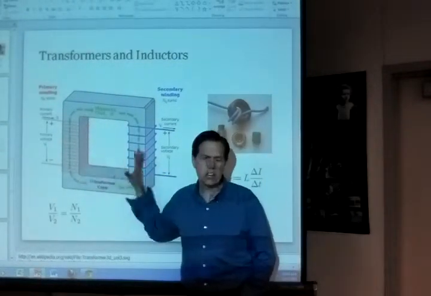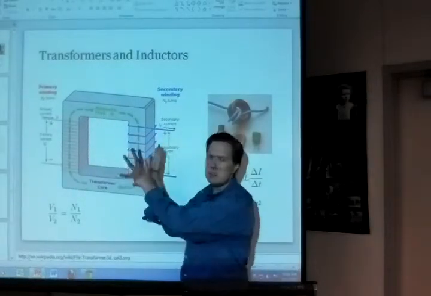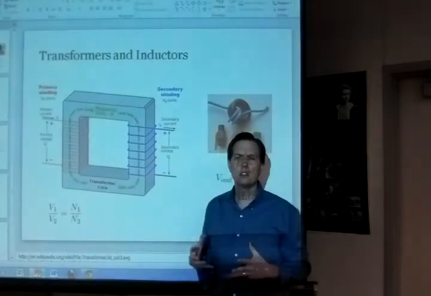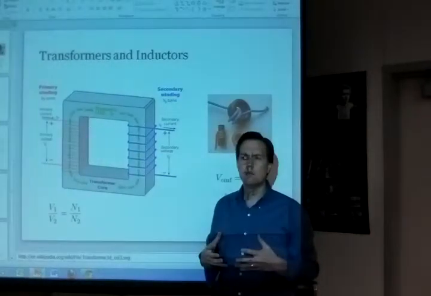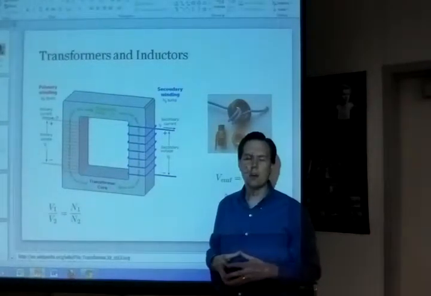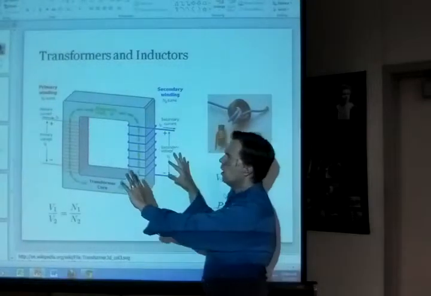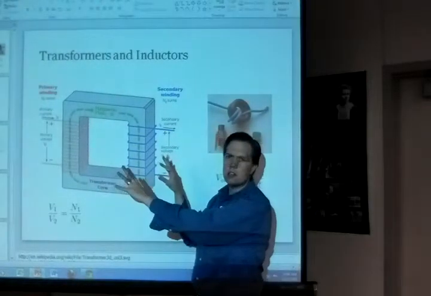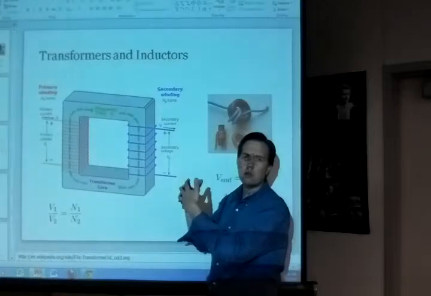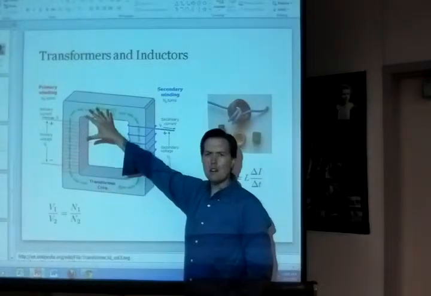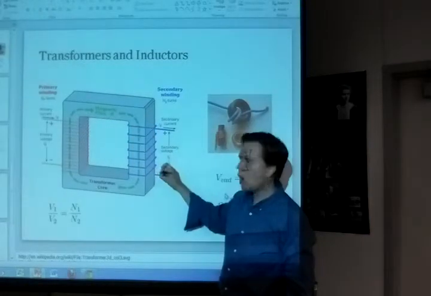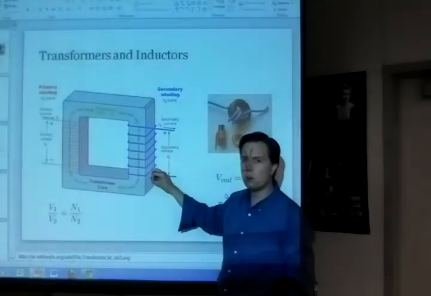And there's no connection at all, right? These are separated just by space. There's no electrical connection. That's the good thing about a transformer: you have electrically separated circuits, but they're connected through the magnetic field. Ampere's law generates the magnetic field. Faraday's law captures the magnetic field on the transformer.